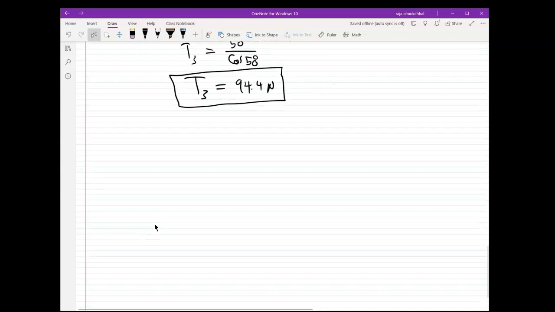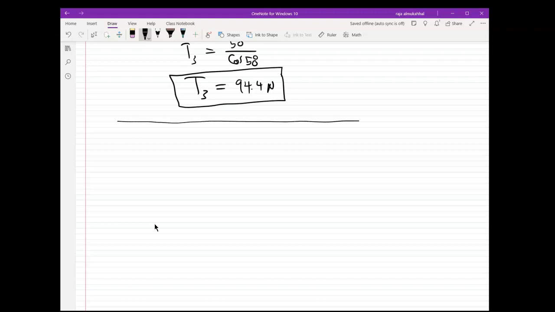It's an inclined plane problem. So what I have in here, make sure you understand the inclined plane problem.